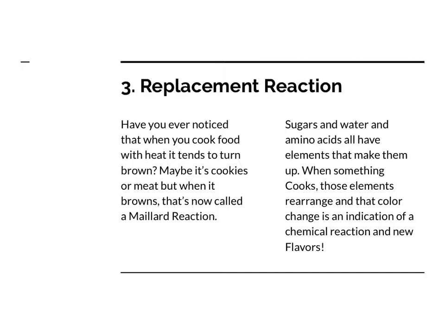When that sugar starts to rearrange with the protein, they trade parts, kind of is what's happening. And you end up with those flavors, which is a great thing for us. In addition to having those flavors, one of the really cool indications of the Maillard reaction is that the food turns brown. And when food turns brown, we know that's a color change, which is an indication of a chemical reaction.